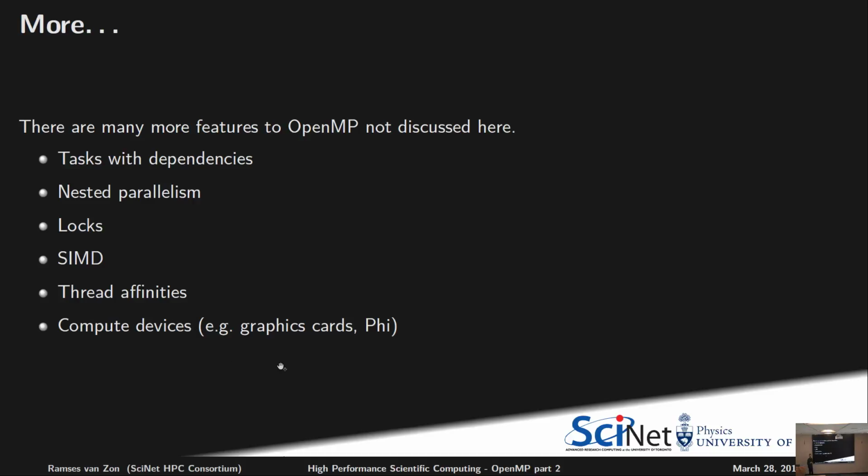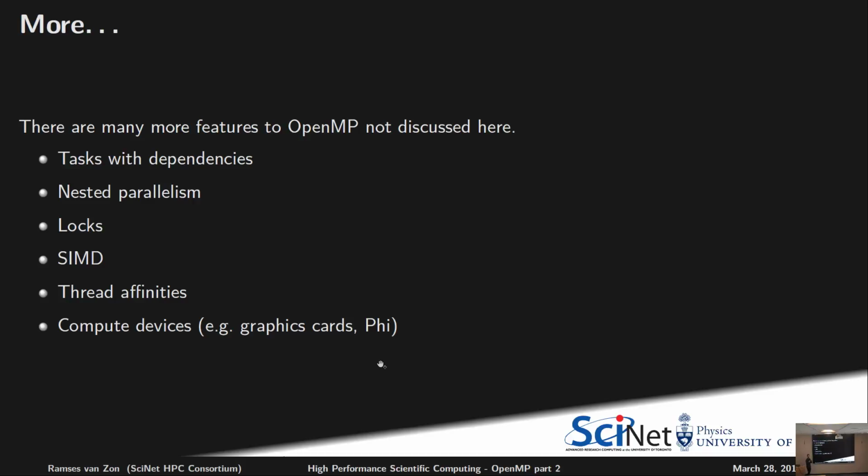And then there's a whole new area of OpenMP, which we haven't talked about at all, but it goes away from this idea of shared memory, and that can access compute devices, which you should think of graphics cards, Xeon Phis, other kind of accelerators that aren't actually seeing the same shared memory, but might live on the same node. So there's an intermediate between shared memory parallelism, one node, all cores see the same memory, and separate nodes, which is distributed memory, where you have to send messages.